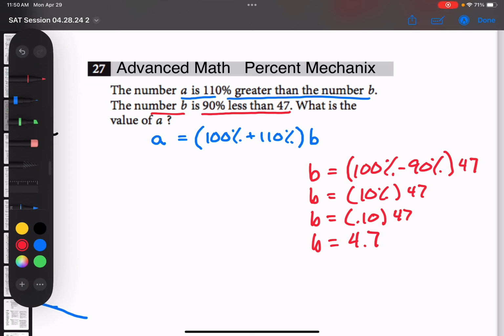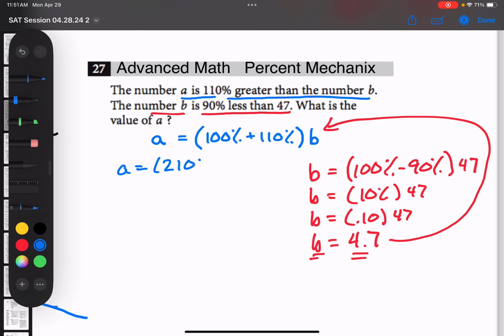Now we take that B equals 4.7 and stick it right in there for B. So now we're going to have A is equal, what is 100% plus 110%? 210% times B, which is 4.7. All right, so I'm doing it longhand. I know I shouldn't have to do this because I know you guys get this already.